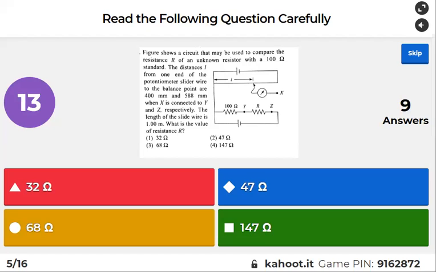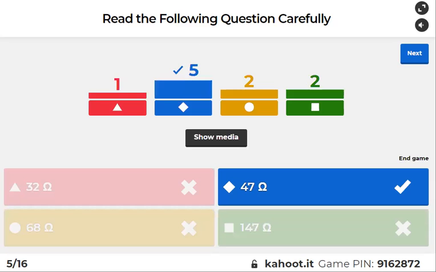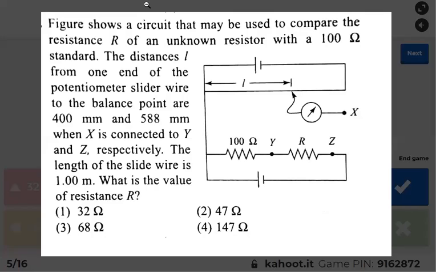Okay, very good, Sudesh. Very good, Meet. Okay, Aryan, let us see. The answer is 47 ohm. As I told you, you don't have to think about this potentiometer. Obviously I'm asking you to solve these problems without teaching potentiometer because there must be some reason. Potentiometer is almost same as meter bridge.